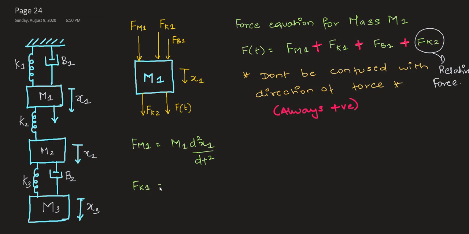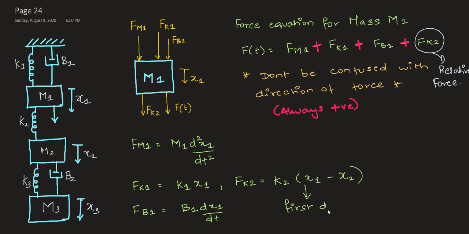All the other forces combined equal the net force F of t. You don't need to think in which direction the force is acting or in which direction the mass M1 is getting pulled. You just write all the forces with a sum. So all forces get summed in these kinds of models.